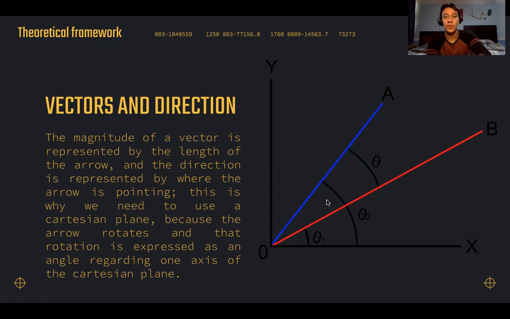It is very important because the angle is regarding our x-axis, or it can also be our y-axis. This is why we need a Cartesian plane to do the measurements and compare the angle of the vector to this degree.